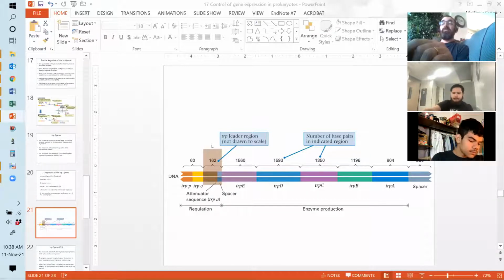Now we also have, and this is where things get crazy, something called the leader region. We'll get to that next class. We're not going to start it today because that's tricky. And that's involved in what's called attenuation, or cutting short, I think is the best description of that word.